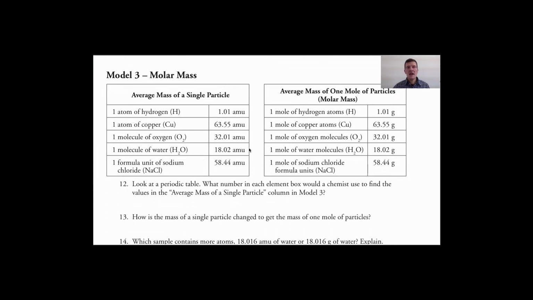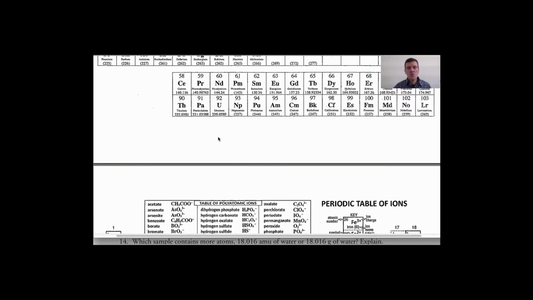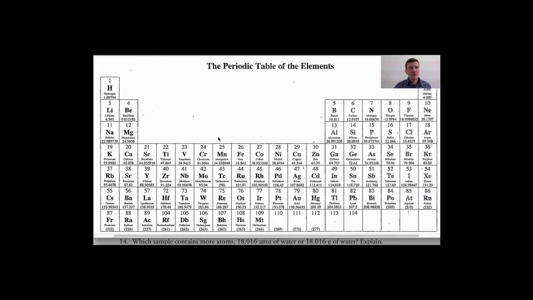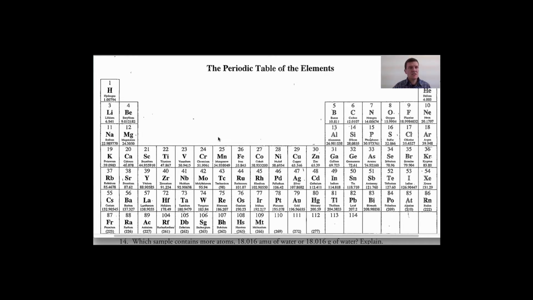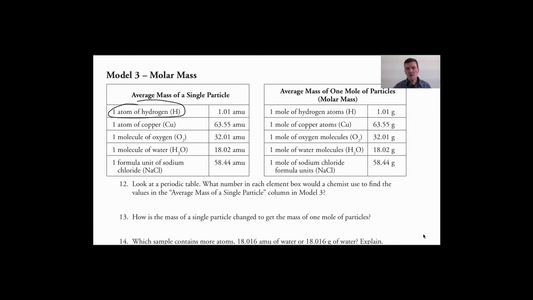So, if you have one atom of hydrogen, if you look on the periodic table, one atom of hydrogen has an atomic mass of about 1 AMU, right there. 1 mole of hydrogen, 6.022 times 10 to the 23rd, has a mass of about 1 gram. 1 atom of copper, 63.55 AMU.